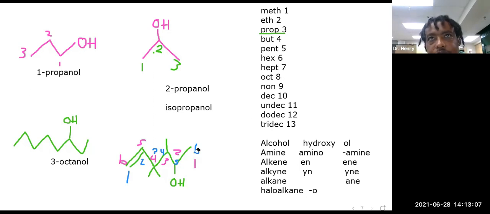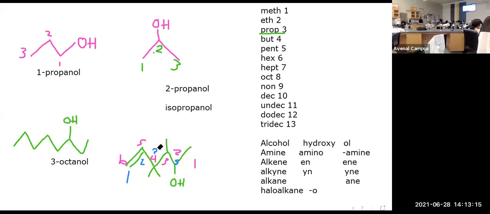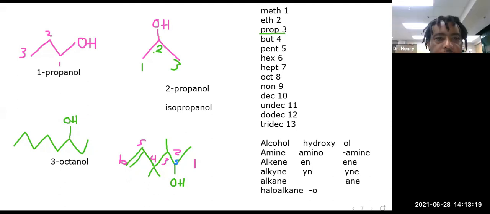Okay, so let's go ahead and do the name. It's a 6-chain carbon. So a 6-chain carbon is called what?